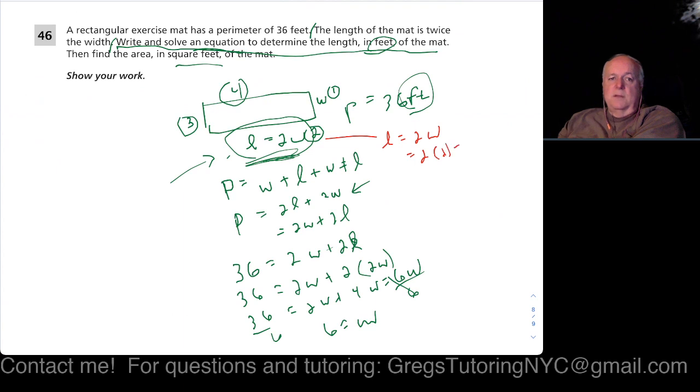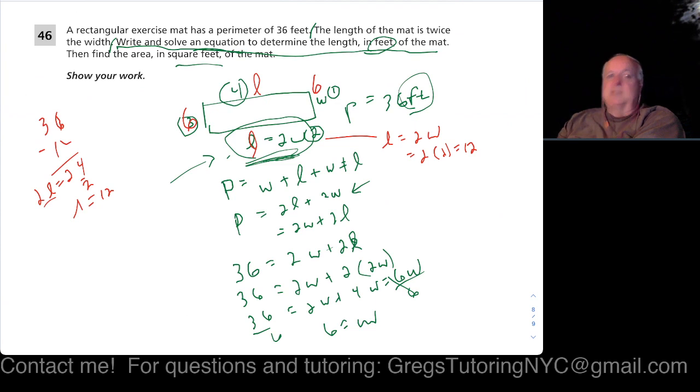The other way: if W is 6, then this is 6 here and 6 here, and then we have the L here and the L here. We could have done 36 minus 12, which gets us 24. Well, that's the 2 L's. Divide both sides by 2. Therefore, L is equal to 12. So we have multiple ways to figure out what L is equal to.